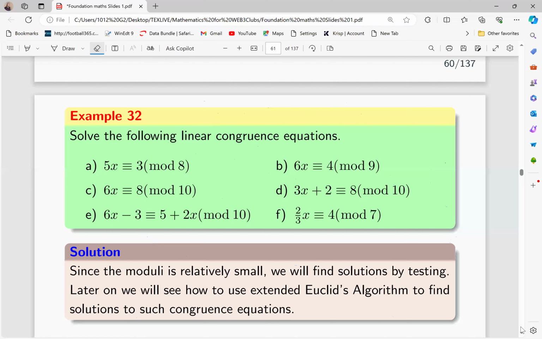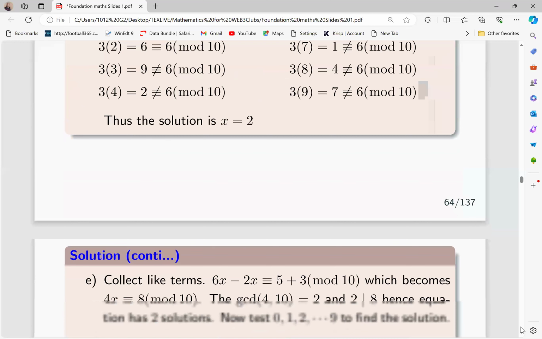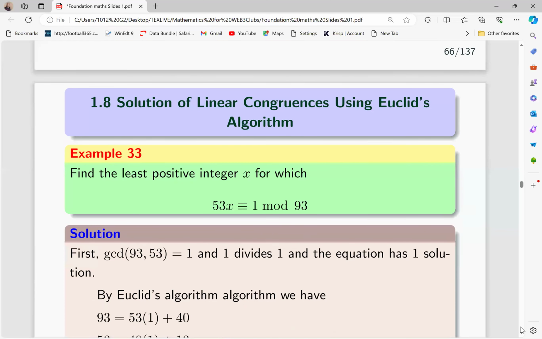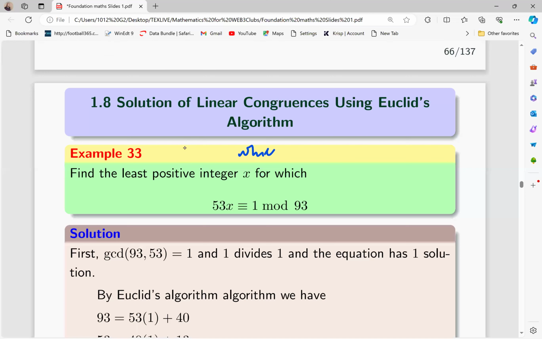Okay, let's proceed now to larger moduli. And to begin with this, find the least positive integer x. I've used the word least because, for instance, yesterday we talked about that question, which numbers would be congruent to 3 mod 7.